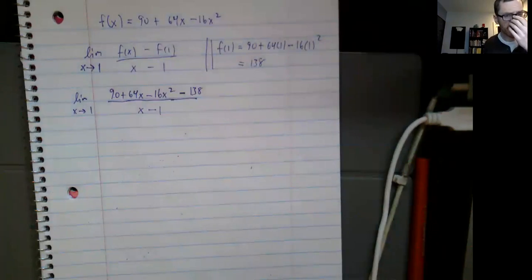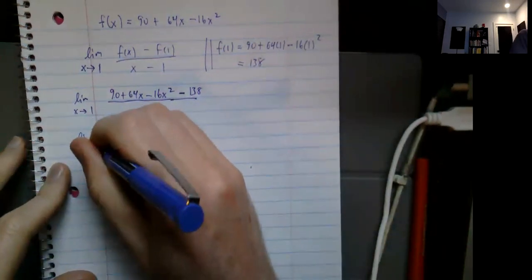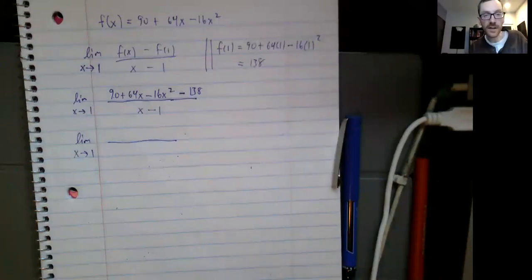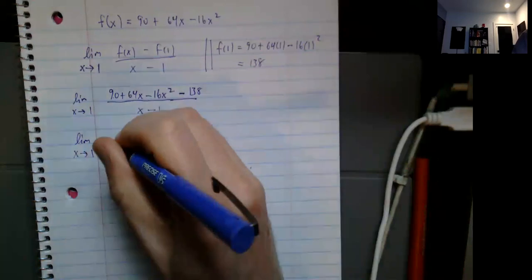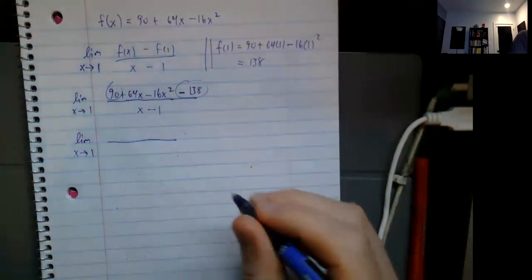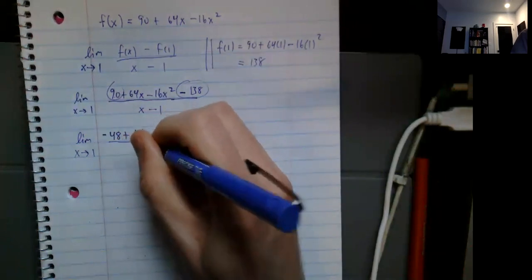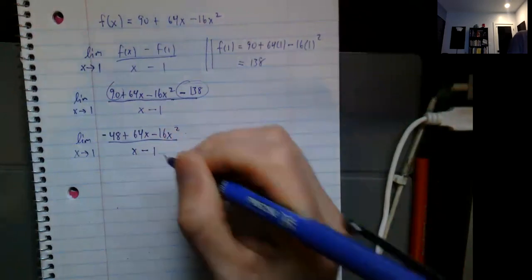There's a little bit of simplification that can be done here because the 90 can be combined with the minus 138. So 90 minus 138 is negative 48. Combining this term with that one, I have negative 48 plus 64x minus 16x squared all over x minus 1, okay?